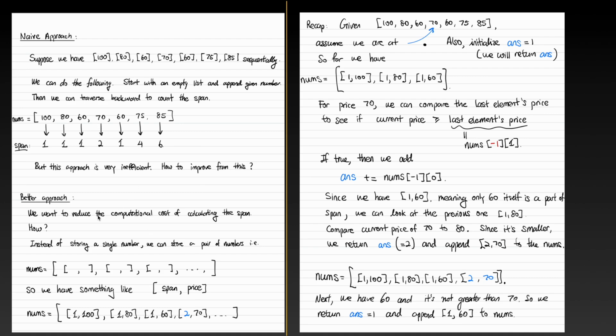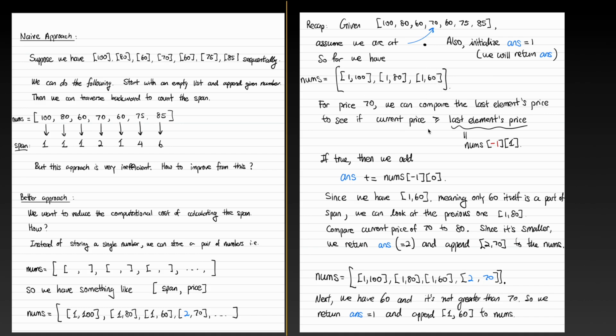Here I wrote the span for each of these numbers: 1, 1, 1, 2, 1, 4, 6. Suppose we are given 70. We have three elements so far. For the current price of 70, we compare against the last element's price, nums[-1][1], which is 60.